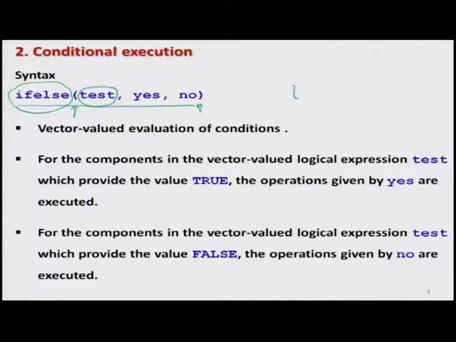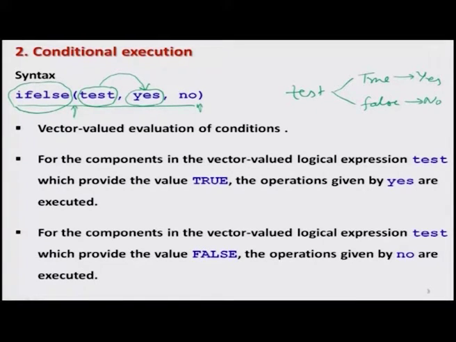Now when you are testing a statement, there are two options. The statement can be true or the statement can be false. That means the answer will be either yes when the statement is true, or no if the statement is false. In case the statement is true, the control comes over here, and whatever I have written as yes, the statement to be executed, is executed.